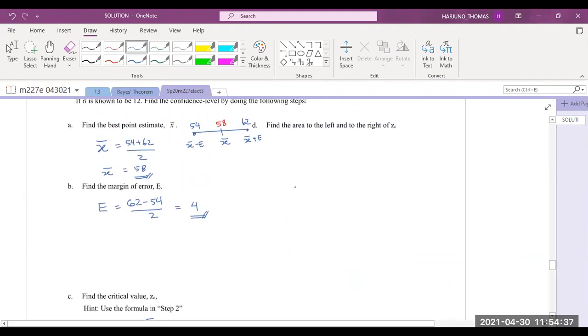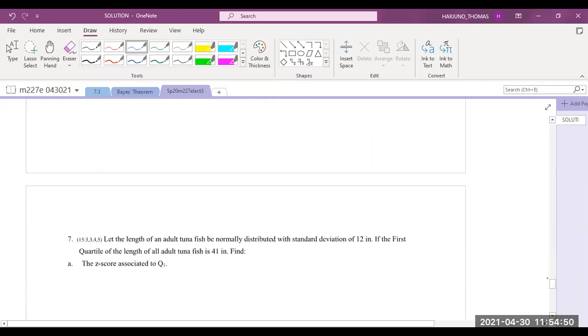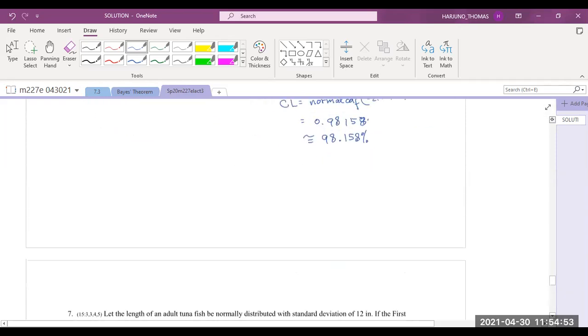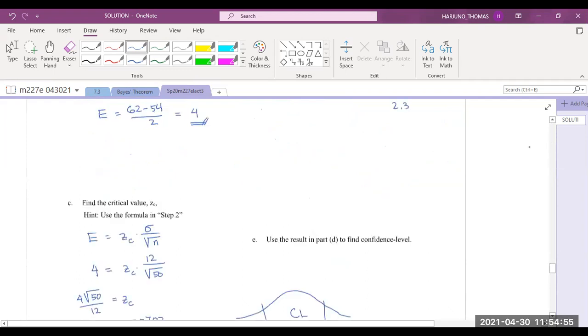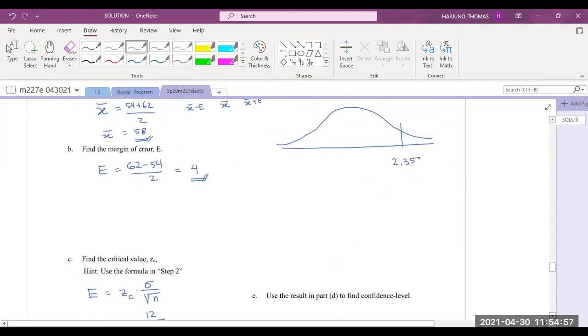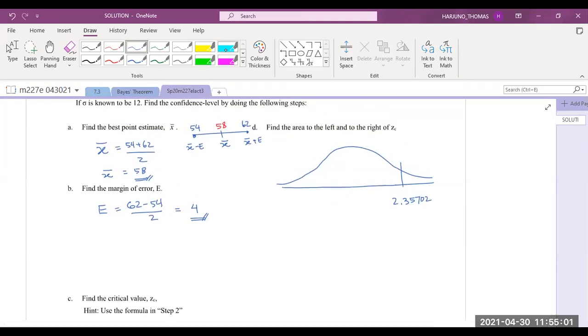Now, let's do part D. Before we did part C, I asked them to compute what is the area to the left and to the right of that critical value, which is 2.35702. What is the area to the left?